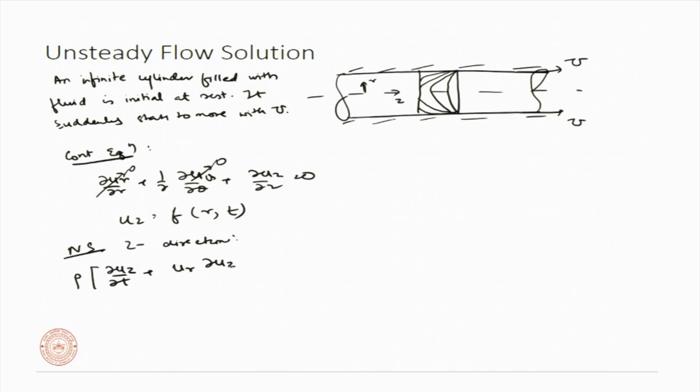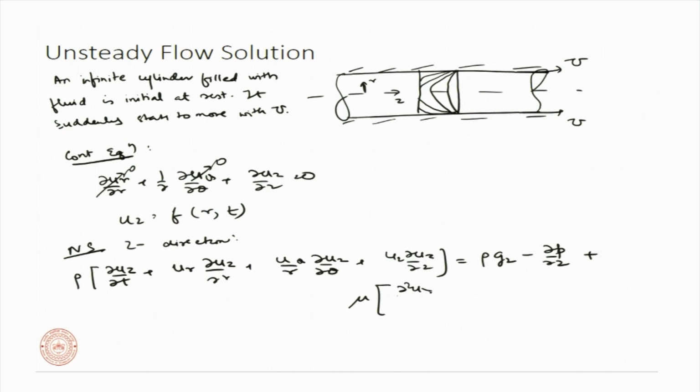Then u r del u z by del r plus u theta over r del u z by del theta plus u z del u z by del z is equal to rho g z minus del p by del z plus mu times del square u z by del r square plus 1 by r del u z by del r plus 1 by r square del square u z by del theta square plus del square u z by del z square.